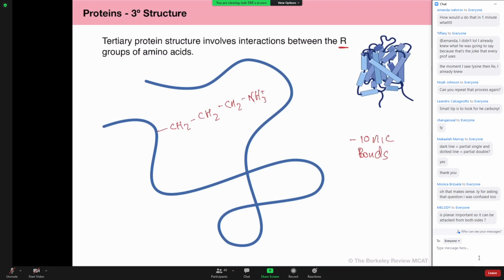So you have a positively charged residue, and then maybe you have a negatively charged residue, right? So it's got like an O and an O, right? You'll form an ionic bond that keeps these two regions close to each other, right?